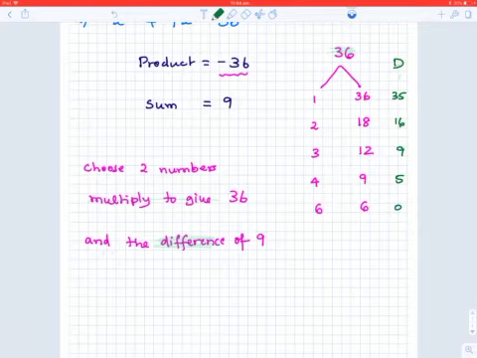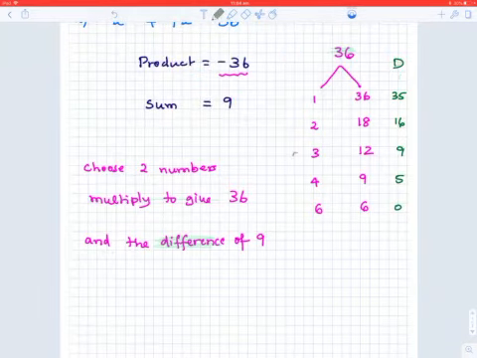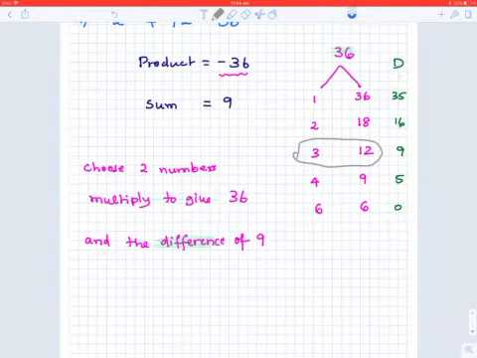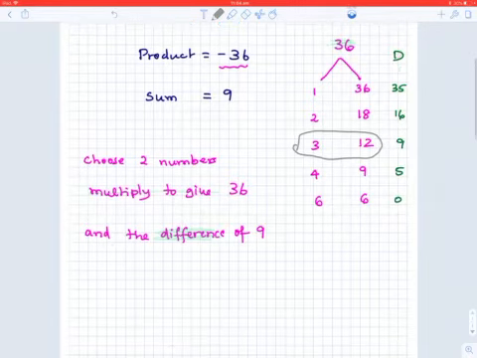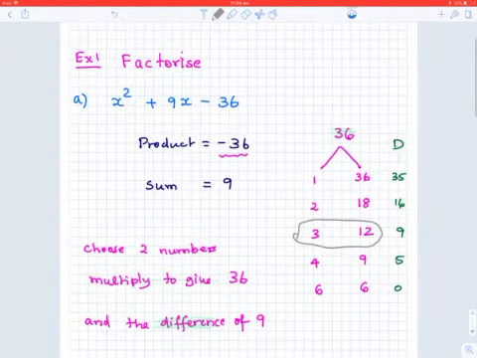And 6 and 6 is 0. So now we go back: choose two numbers that multiply to give 36 and have a difference of 9. This pair gives the difference of 9. So I'm going to use 3 and 12.